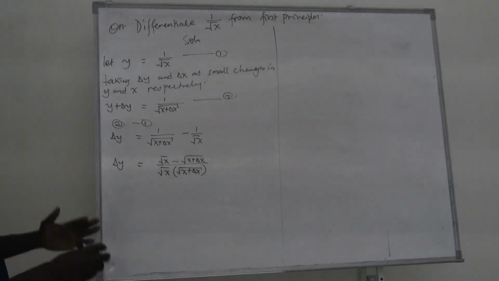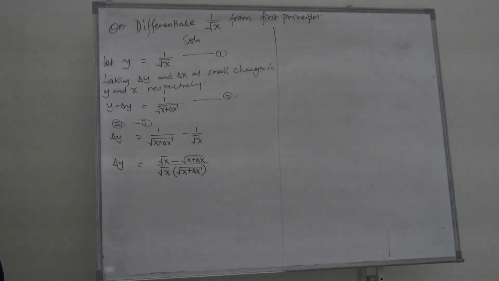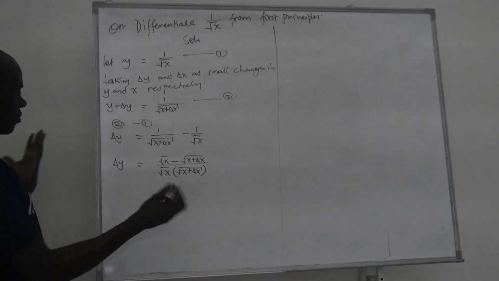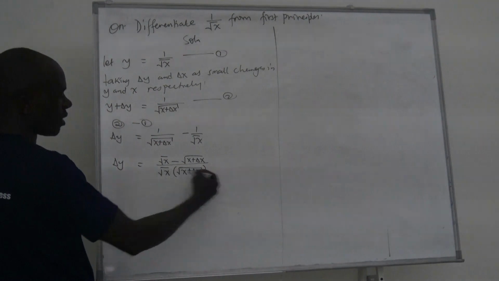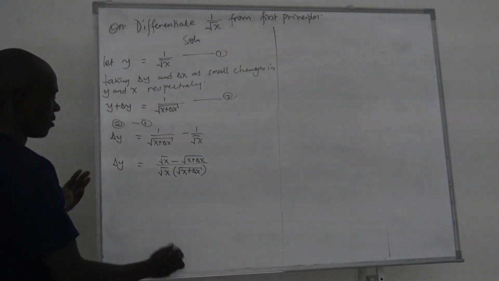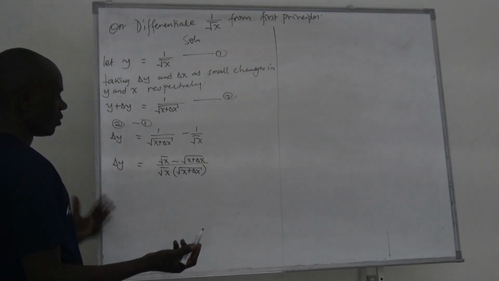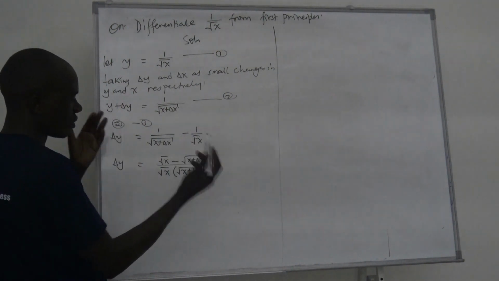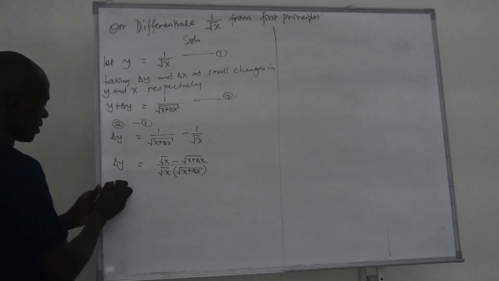Then from there, what do we do? Since these are identical, we can multiply them together. Or still, you can even go ahead and rationalize. I still have no problem with that.